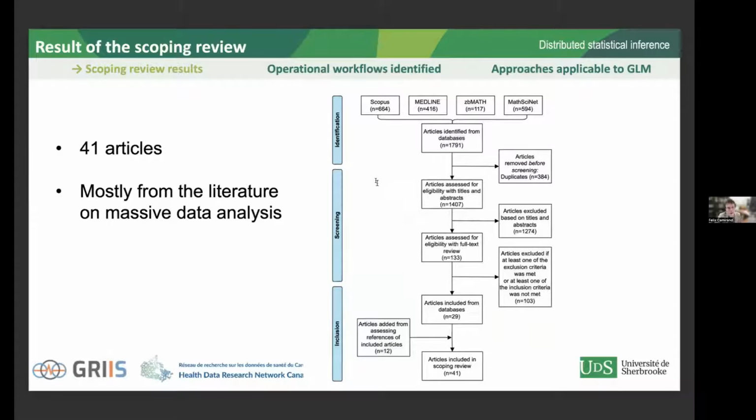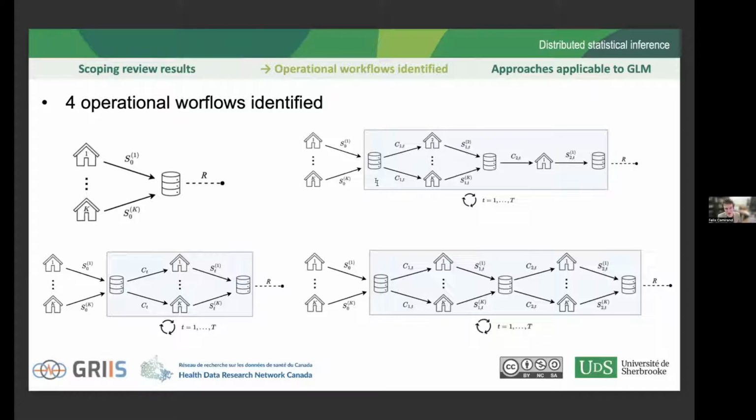So we found 41 articles that came mostly from the literature on massive data analysis, but not only. Some of them were specific to the healthcare data context. And we found four. We called these four operational workflows. So these methods, we could classify them all into four operational workflows.